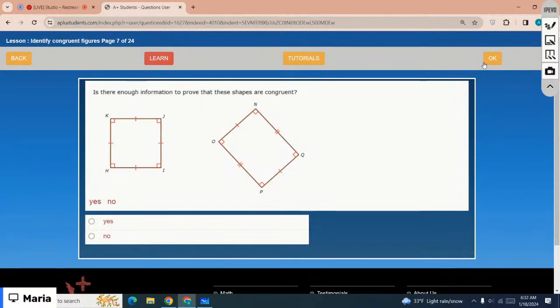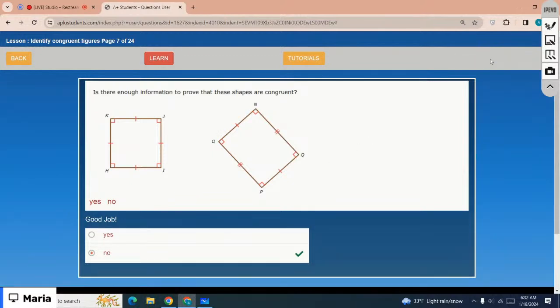Is there enough information to prove that the shapes are congruent? No, they are not congruent, right? And not enough information is given.